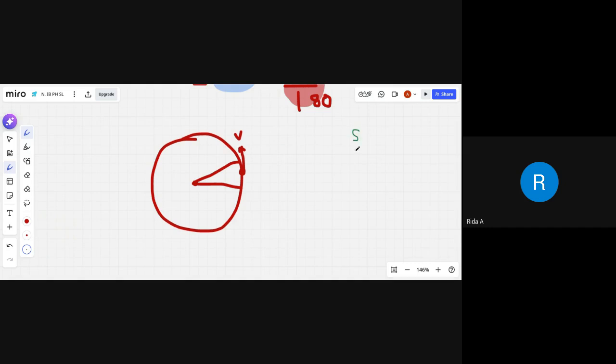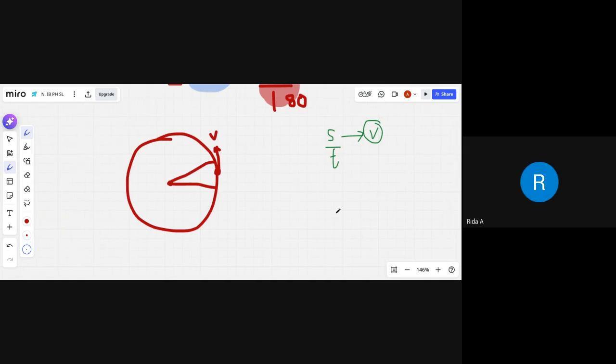Instead of displacement, you now have velocity, which is the rate of change of displacement. And instead of angle, you now have angular velocity, which is the rate of change of this angle. So all you did was divide both of those terms by time, and you have v and omega.